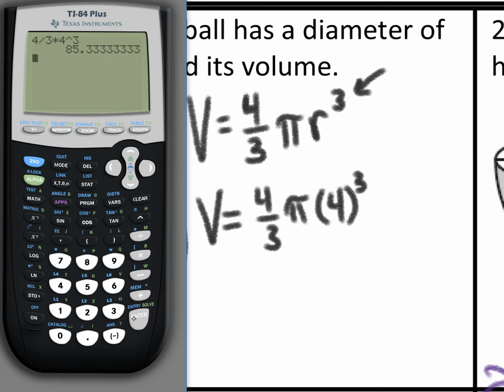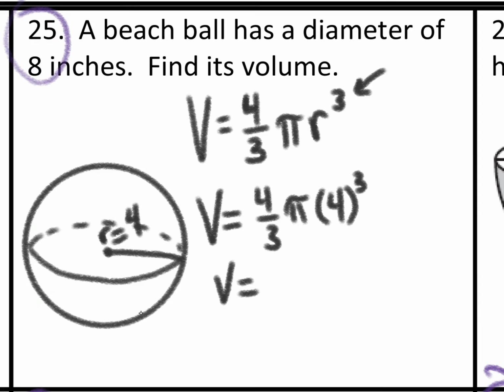We get 85.333. So as a fraction, press the math button, then hit fraction, then hit enter. It's going to be 256 over 3 pi. So volume equals 256 pi over 3. So if the problem asks you to leave it in pi, that would be your answer.